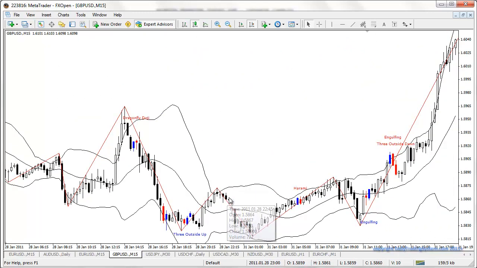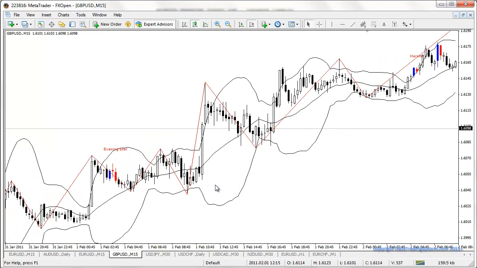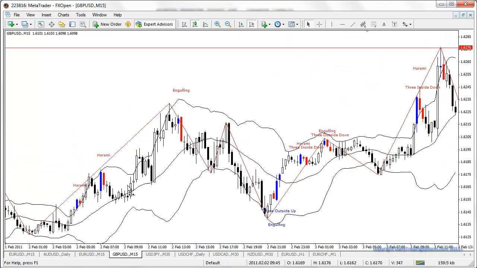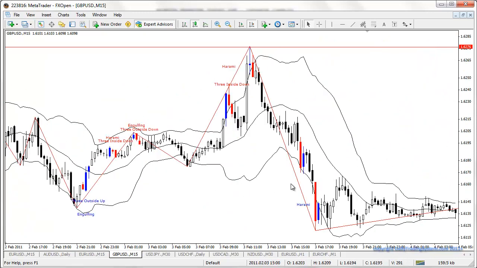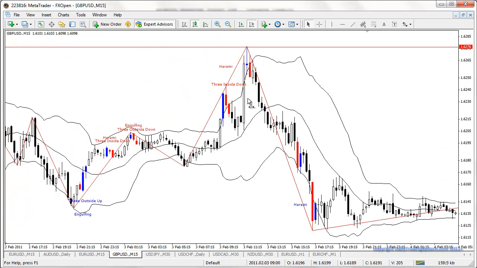Here's one that looks like the beginning of one right there, but that's not one though. And I don't even see any bullish upside Tasuki gaps either, so I could show you the opposite. No, I think that's all she wrote really.